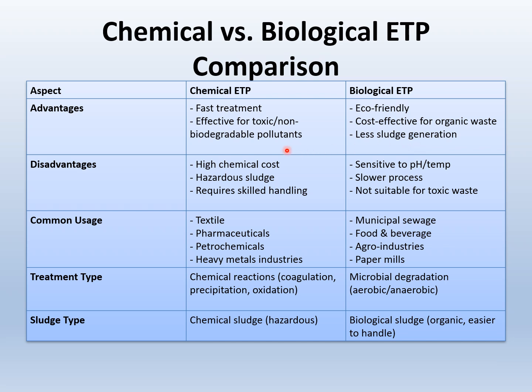But if you want a faster process, chemical ETP is the choice because you use chemicals for fast processing. But it depends on the requirement and basic design calculation during the engineering.